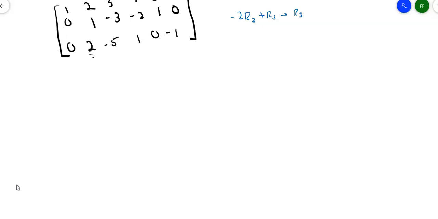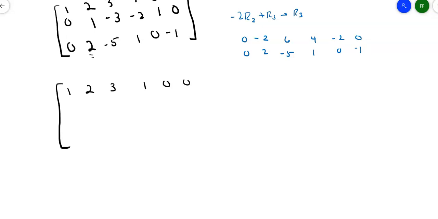All right. So negative 2 times row 2 is going to give me 0, negative 2, positive 6, positive 4, negative 2, 0. And I'm going to add that to 0, 2, negative 5, 1, 0, negative 1. All right. Let's write out what I have. Top row remains the same. 1, 2, 3, 1, 0, 0.